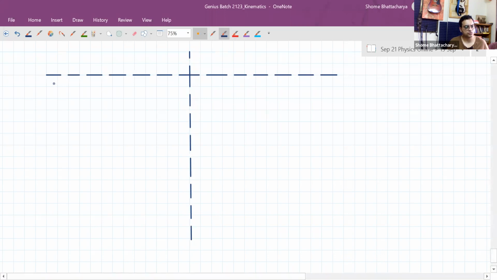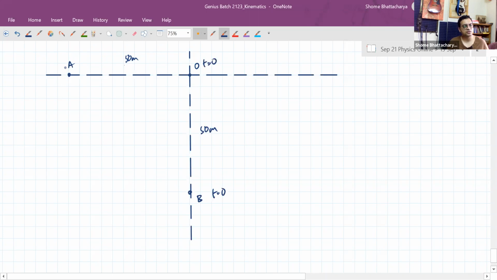Okay, so at t equal to 0, say A is here, from the intersection point O at a distance of 50 meters. And at that point of time, B is also equidistant at a distance of 50 meters.